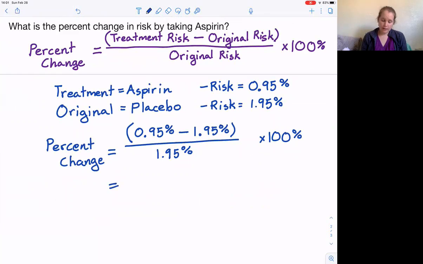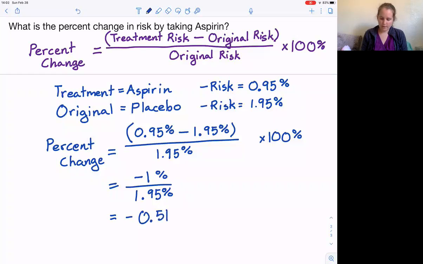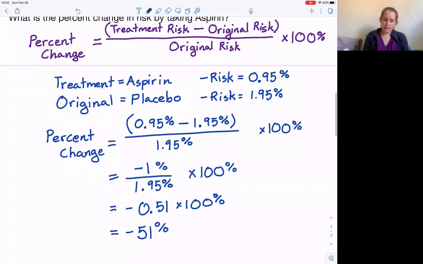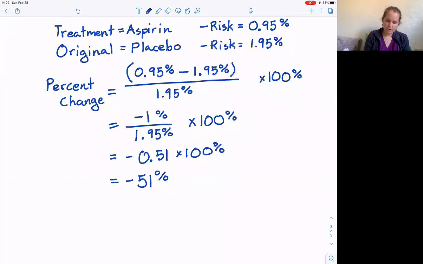0.95 minus 1.95 winds up giving us a negative 1%. Divide by 1.95%, and we wind up getting about negative 0.51. And then I forgot, we should convert. Multiply by 100%, and we get negative 51% approximately. So what this means, the negative tells us that the risk rate has gone down.